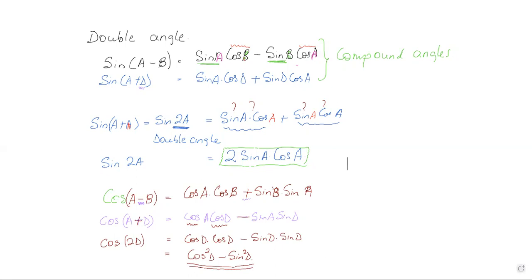Let's see what happens. We said cos 2D is equal to cos squared D minus sine squared D. This is a double angle which is expressed in terms of two ratios, two trig ratios, a sine and a cos.